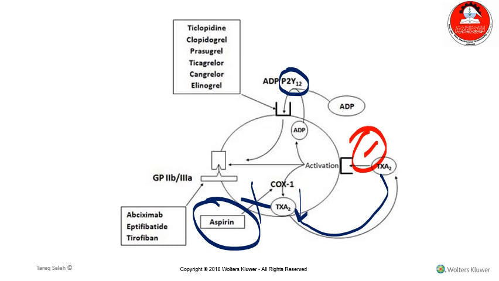Interfering with the binding of ADP to the platelet results in reduced activation, marked by reduced calcium levels in the cell, which results in failure in activating glycoprotein 2b3a receptors that are responsible for platelet aggregation.